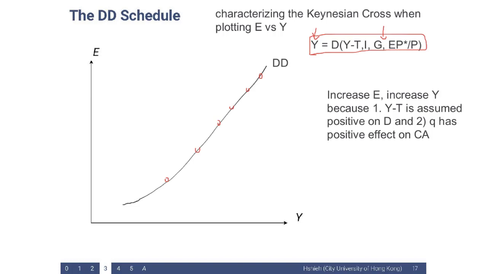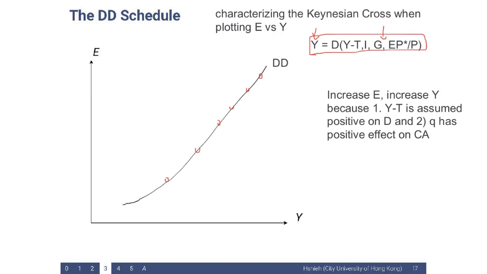So as you will see, when I combine the DD schedule with the so-called AA schedule, which summarizes the financial markets as represented by the FX market and the money market, when the DD and AA schedules intersect, that's literally when all markets clear. Yes?